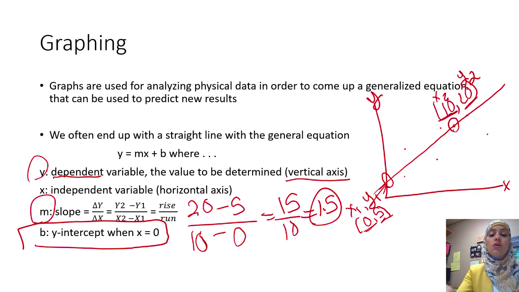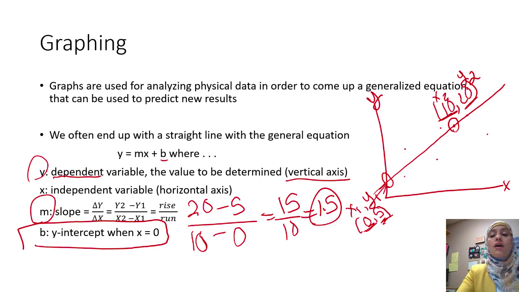Some of y'all will plug everything in and try to figure out b algebraically, but we usually ask you to figure it out by introspection, by really looking at where the line crosses your y-axis. So when x is 0, do you see why I conveniently chose 0 as a point? Because I knew I was going to need it anyway. So here, when x is 0, y is 5.